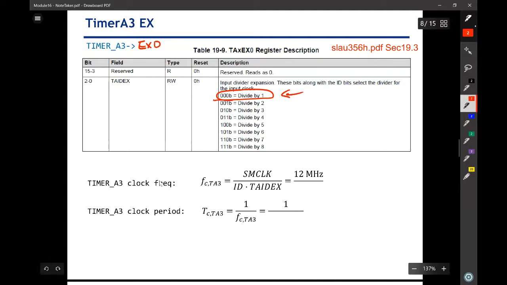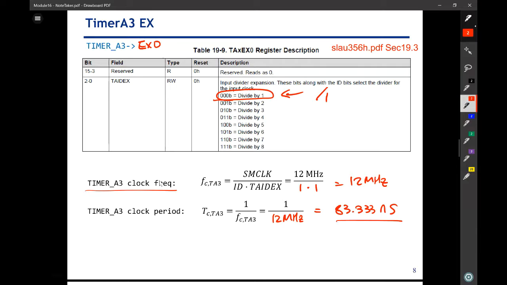Then the clock frequency of timer A3 is going to be 12 megahertz divided by 1, times 1, which is 12 megahertz. And TC TA3, which is the timer A3 clock period, is 1 over 12 megahertz, which is 83.333 nanoseconds. That's where we got this number in the previous slides.